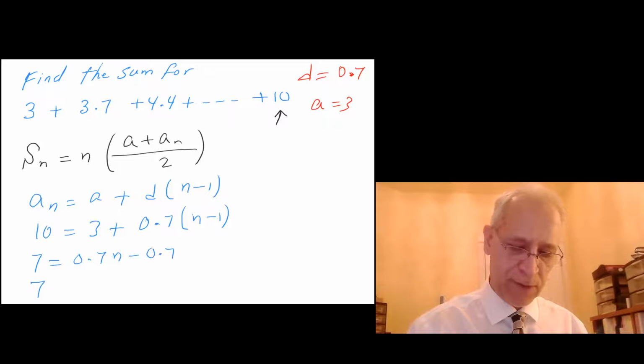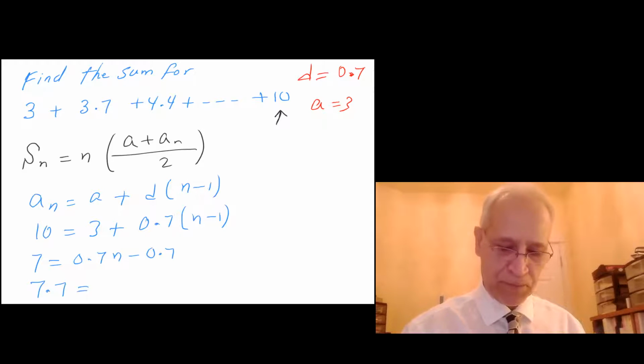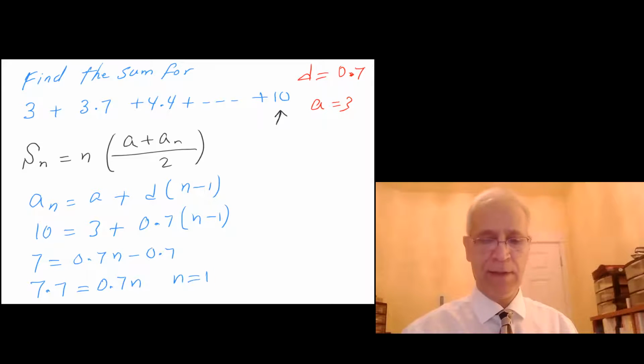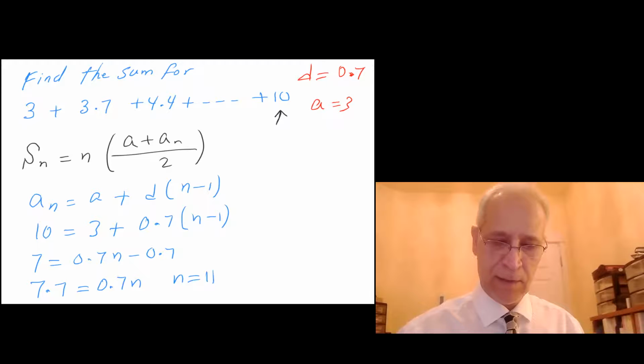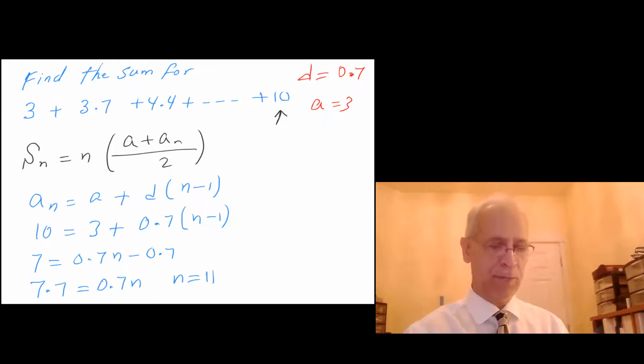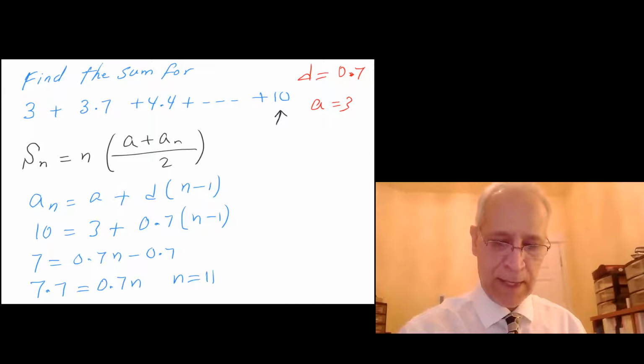So 7.7 equals 0.7 n, so n equals 11. So this is actually my 11th term. A sub 11 equals 10.